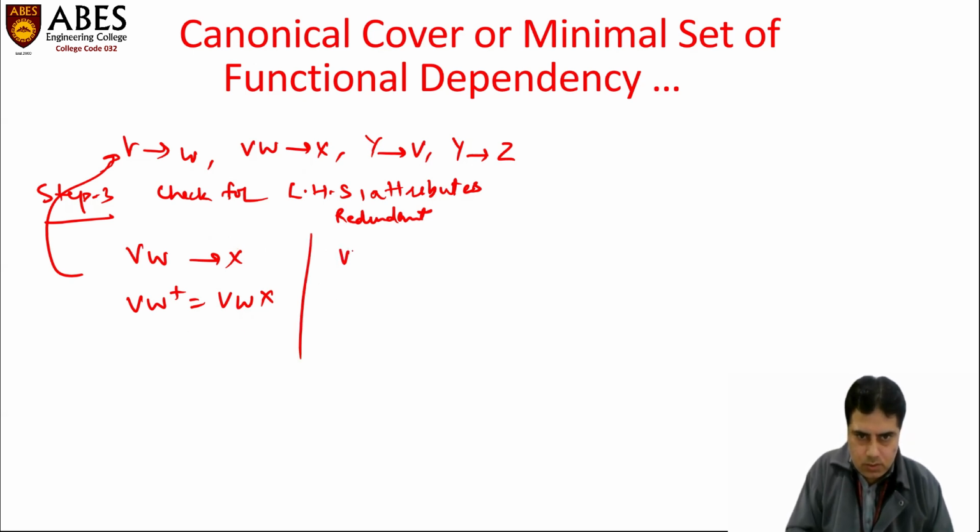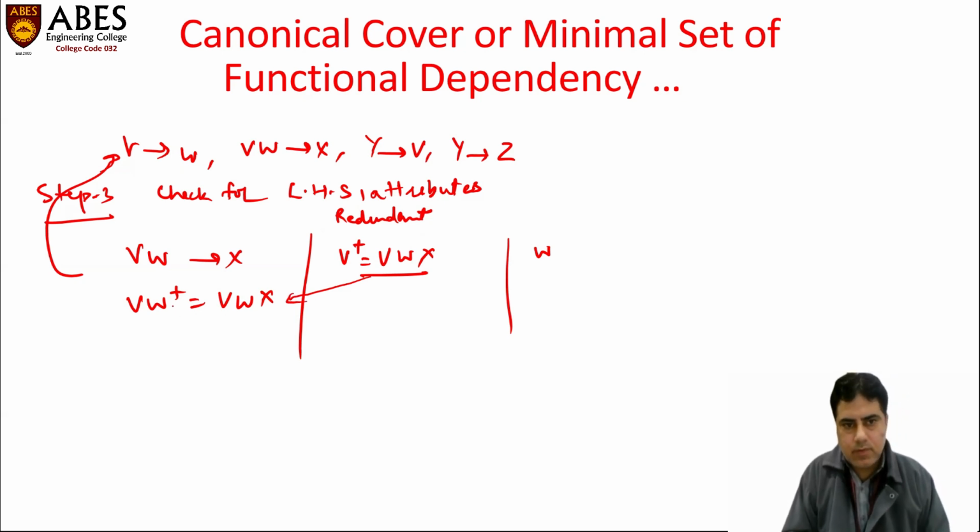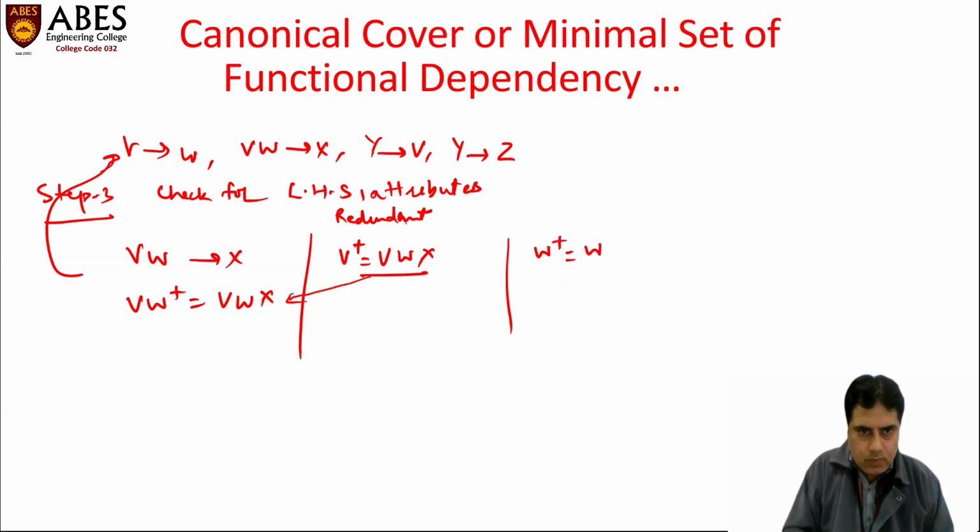Now decompose this V and W. Now take the closure set of V. We can determine V, from V we can determine W, and VW to X. This is the same as the closure set of VW. Now take W, closure set of W. W we can determine, we can't determine anything else. So both are the same.